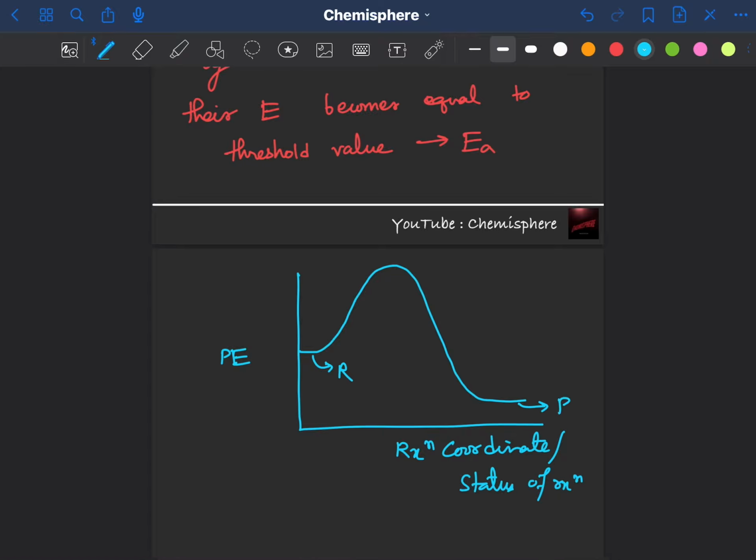And the value of this energy is known as the threshold energy. So this is the average energy of the reactant molecules, and this is the threshold energy that we have to cross. So therefore we have to raise the energy of reactants to this threshold. So therefore this value is known as activation energy.